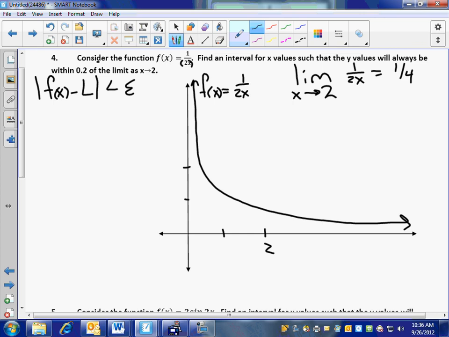We have to be able to use it. Well, what is my function? 1 over 2x minus, what is the limit? What do we state that it is? 1/4 is less than epsilon. What is the distance from the limit that we're trying to stay within? 0.2.